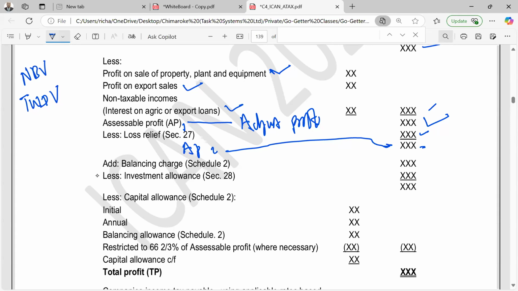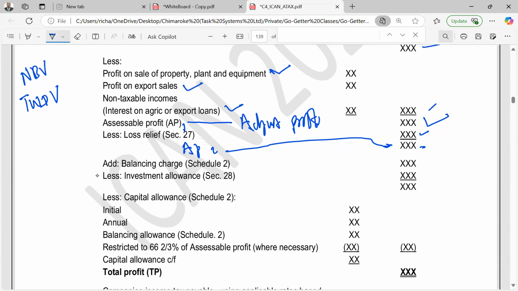Now, tax written down value is when you are using tax principles to reduce the value of the asset. Now, let's say the tax written down value happened to be 250, but then you want to sell the asset at 300,000.